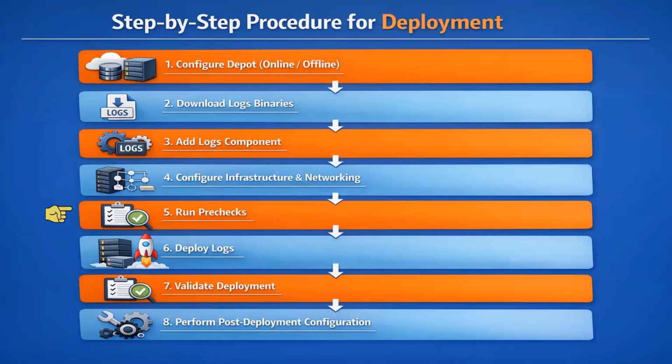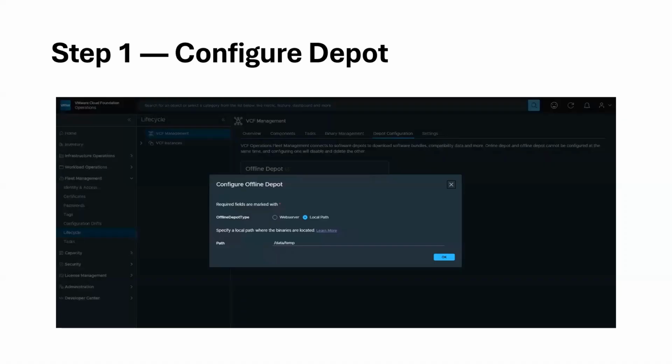Then run pre-check, deploy logs, validate deployment, and perform post deployment configuration. So this is the complete 8-step process. We are going to see this as a complete demo. I'm going to show the demo for all these 8 steps. Okay, so let's start with the first one.